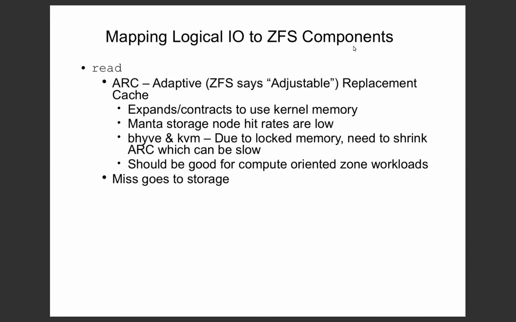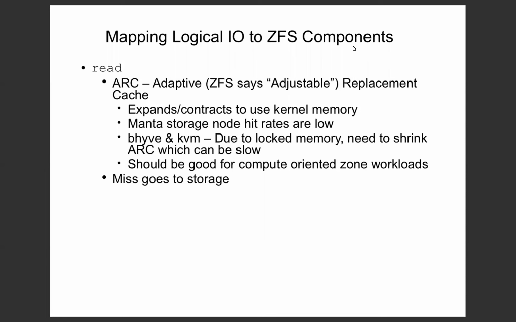But in JPC, where we do compute loads inside zones, we probably do see a pretty good hit rate in the ARC. So it really is going to vary depending on what the workload is. And of course, if a read in ZFS misses the ARC, then we have to go and do I/O out to the storage to read the data.